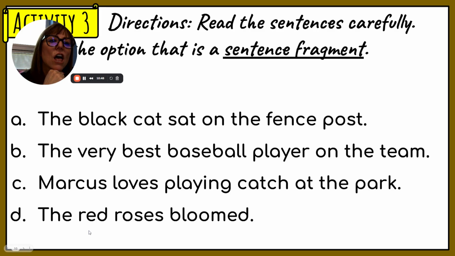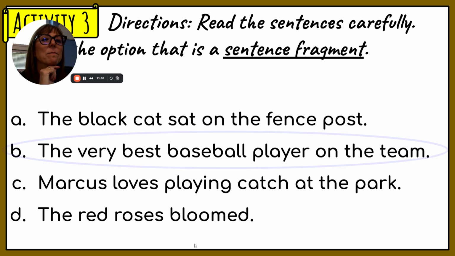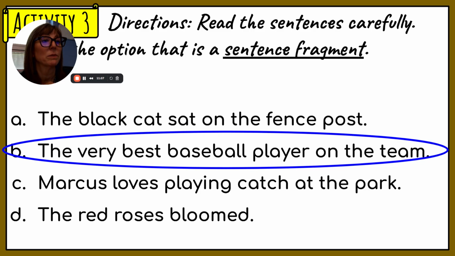Or D, the red roses bloomed. Table leaders, stop the video and make a decision together. Which one is a sentence fragment? And then turn it back on. Hi again. You should have decided that the fragment is the very best baseball player on the team.